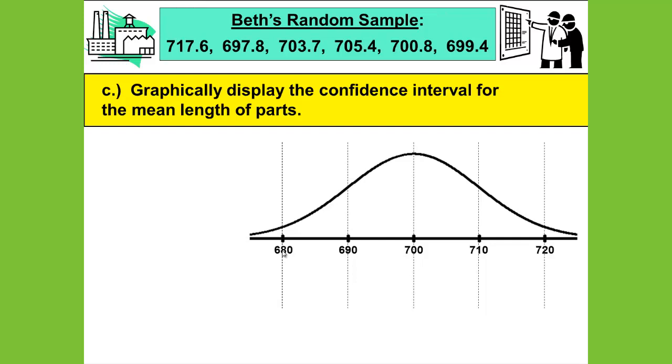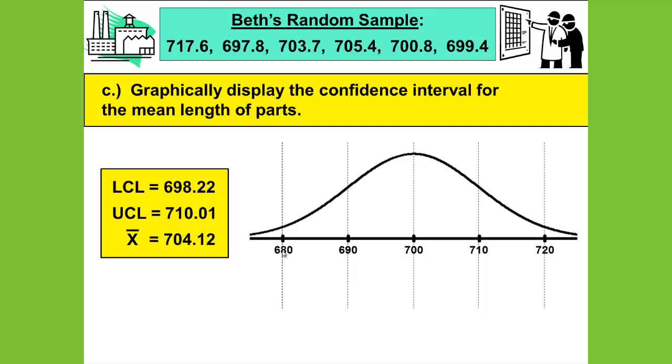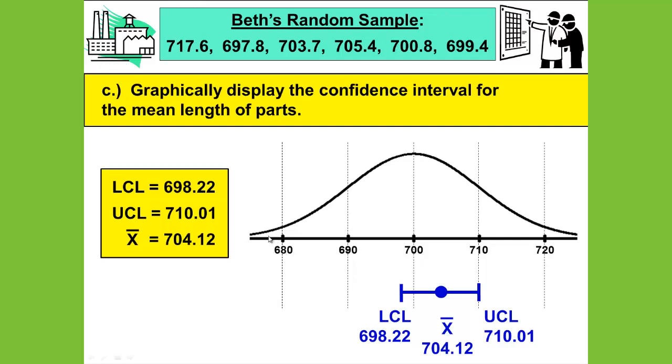From our sample, we have a lower confidence limit of 698.22 and an upper confidence limit of 710.01. Those are graphed as estimates, with bars and a dot for the sample mean of 704.12, and that gives us what we have here as a way to graph it.